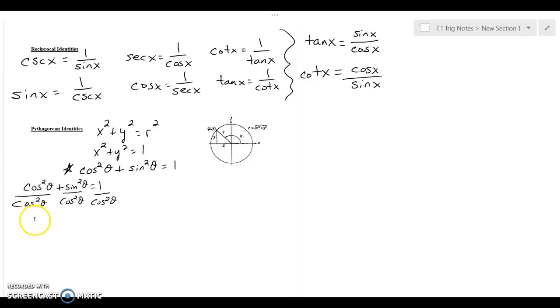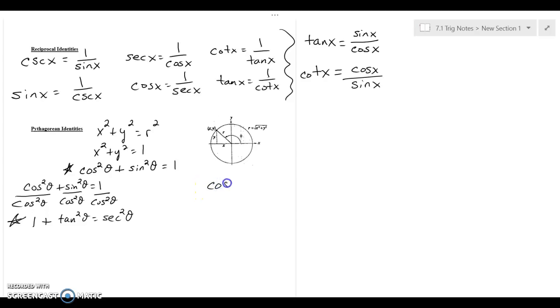We get 1 plus, now sine over cosine is tangent, so this would be tangent squared. And 1 over the cosine, well, we know the reciprocal is the secant, so this would equal the secant squared. This is another one you have to remember.